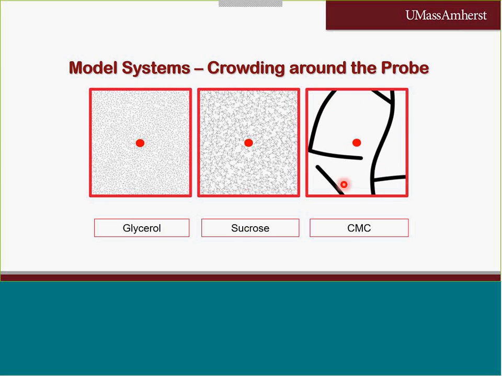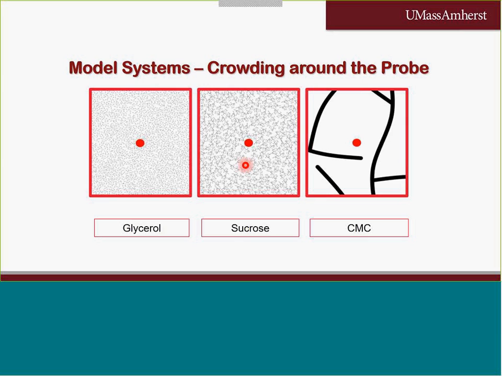In the case of sucrose, it causes exactly the same effect at the local and bulk level, so that's why this molecular rotor was effective in order to characterize both the local viscosity and the bulk viscosity.